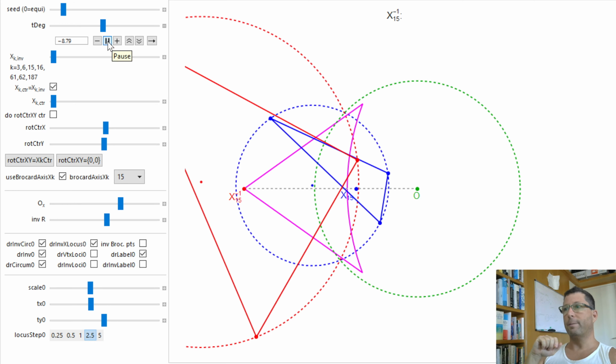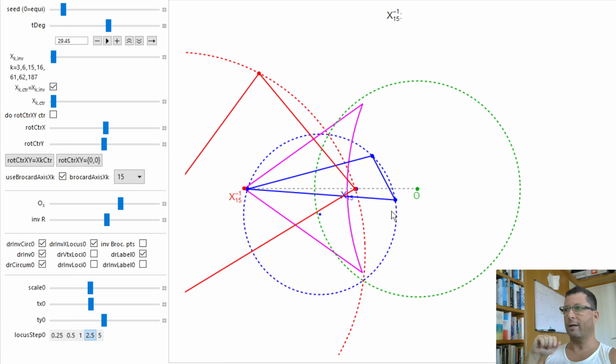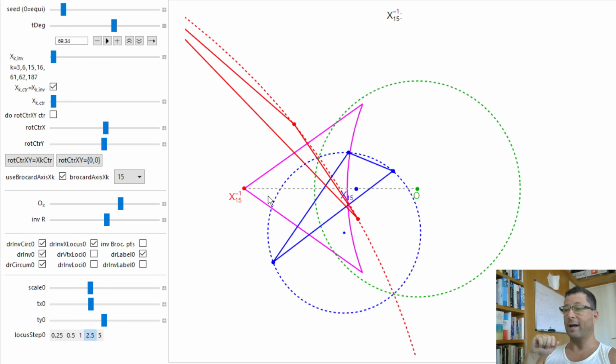Okay, now as we approach a situation where the blue circumcircle is going to come near and in fact turn the center of inversion into an interior point, something quite curious happens.